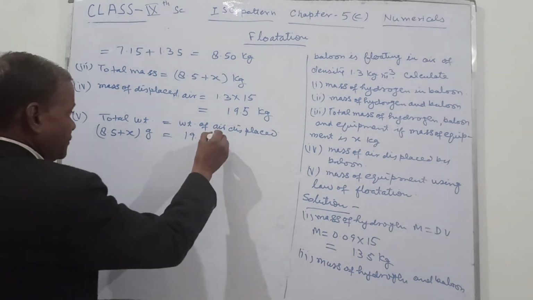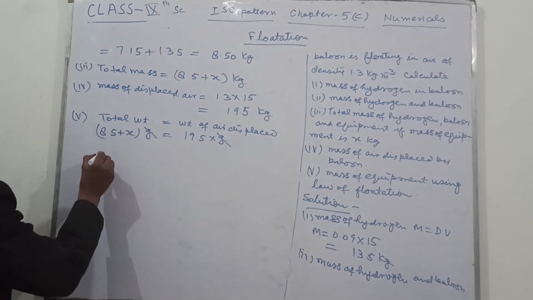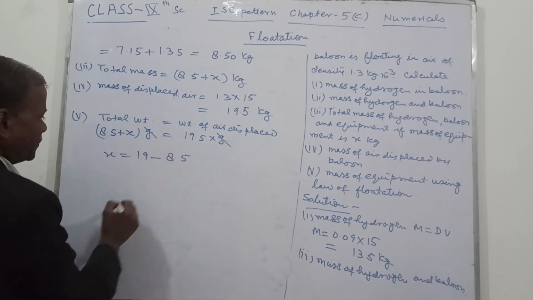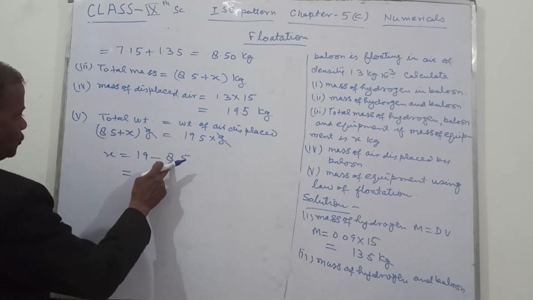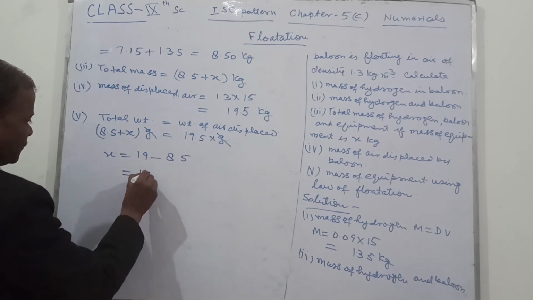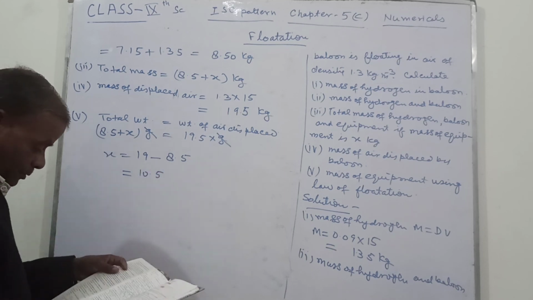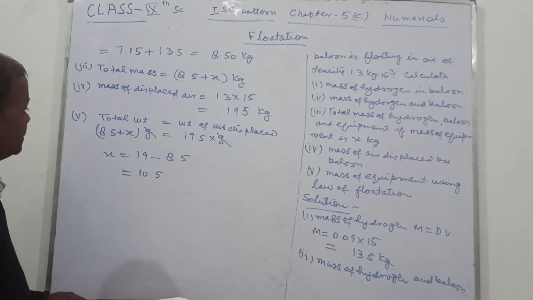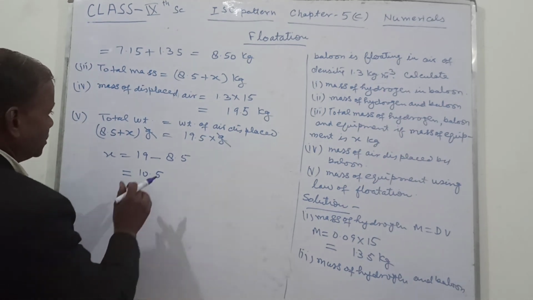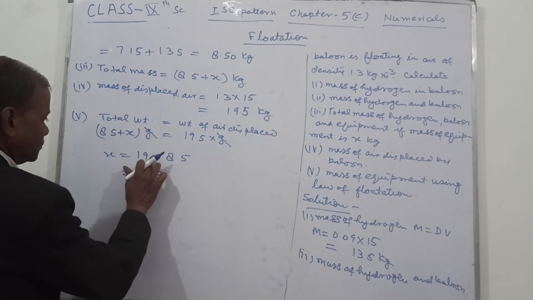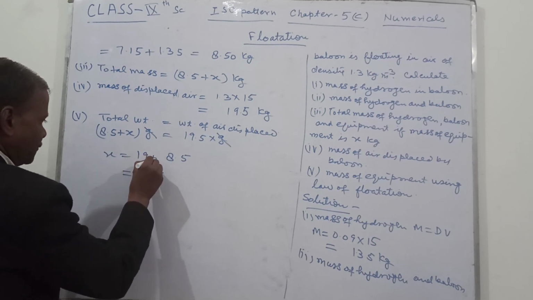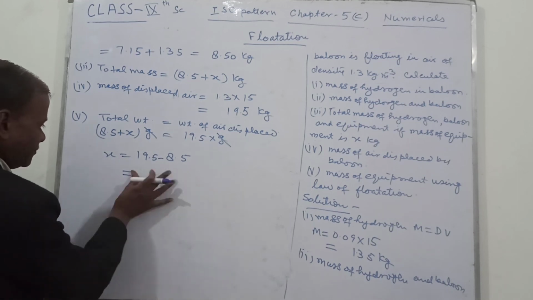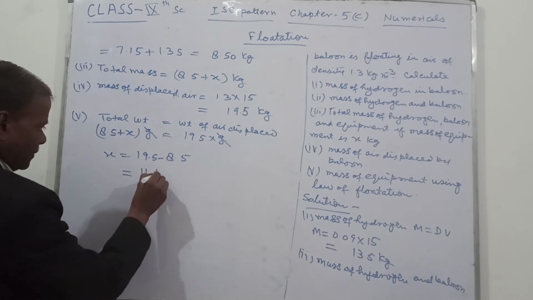And this g and g will cancel from both sides. So x equal to 19.5 minus 8.5, so this is now 11 kg.